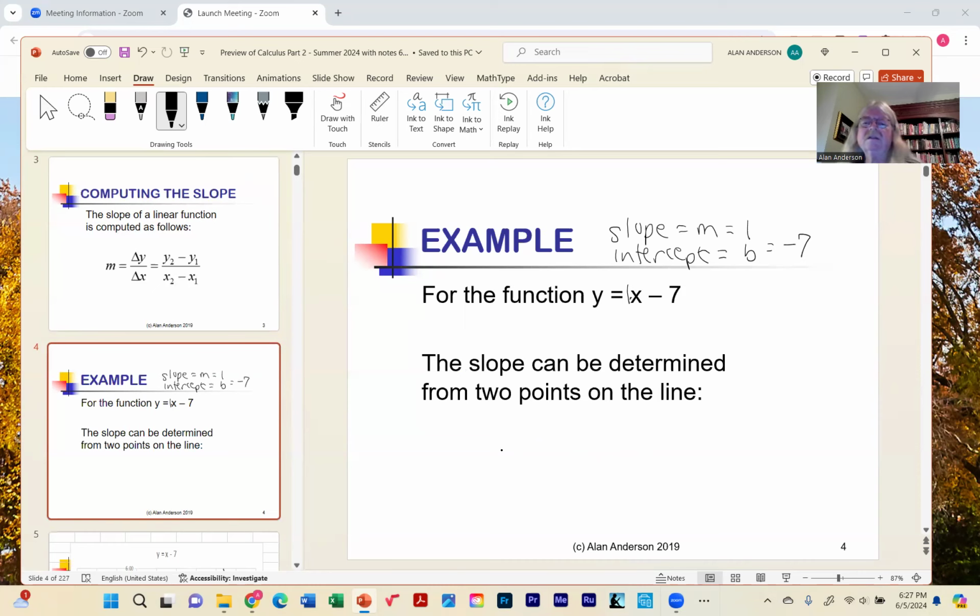And so what that tells us is that when you draw this thing, the intercept would be here. In other words, remember, this is where it crosses the vertical axis. This is the point where x is 0 and y is -7.